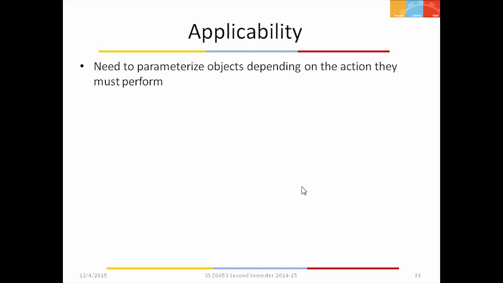As I said, it essentially parameterizes the objects depending on the action that they must perform. We will look at an example for command pattern to understand what is meant by parameterizing an object. Plus, as I said earlier, it needs to queue the commands and then execute them later.